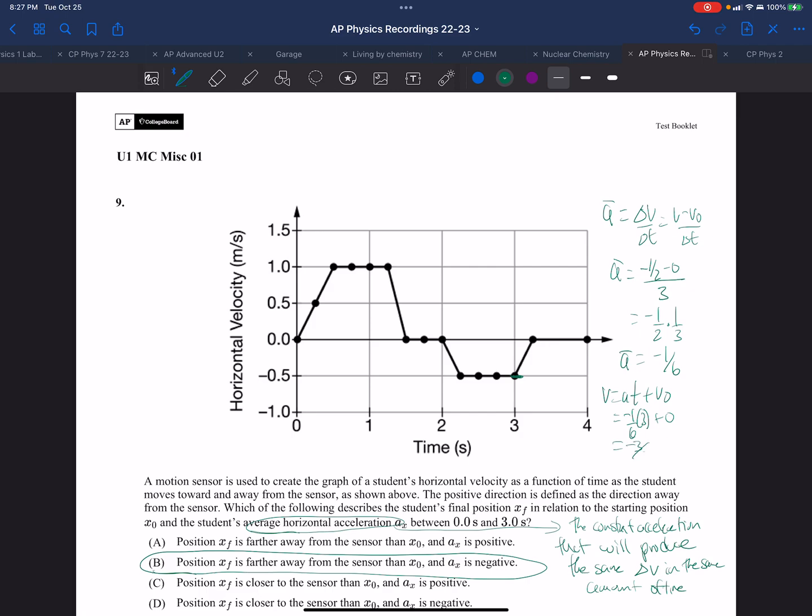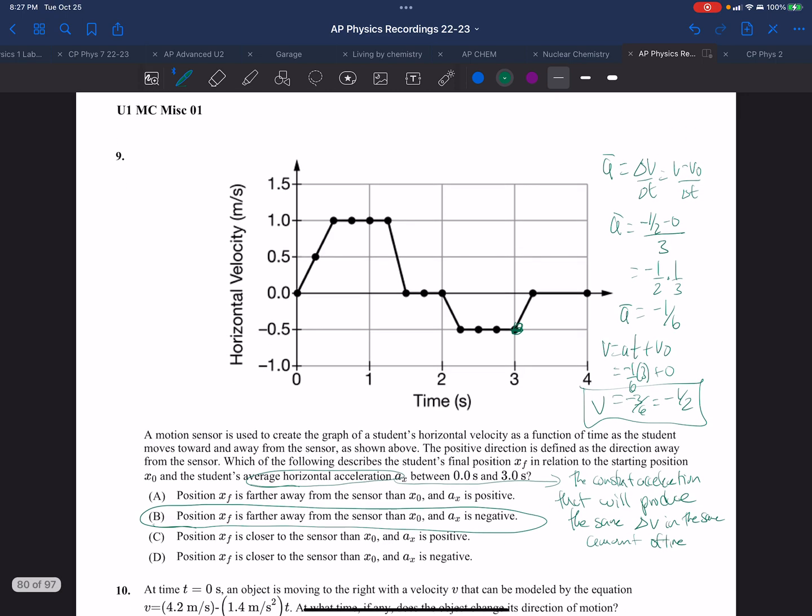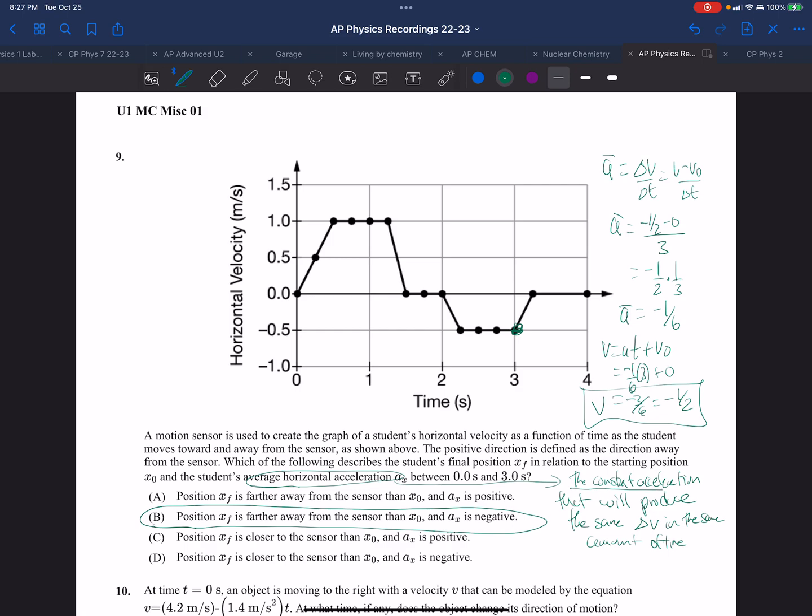That gives us minus 3/6, which is minus 1/2, which is indeed what the velocity is at the end of 0.5 seconds. So if we use this technique, it will allow us to replace this whole event with one constant acceleration, and it will produce the same delta V. We see that. We calculated it. We got minus 1/6. It does yield that result.